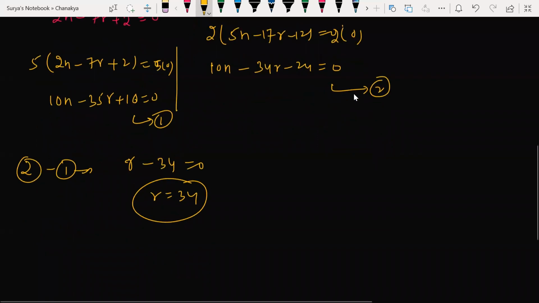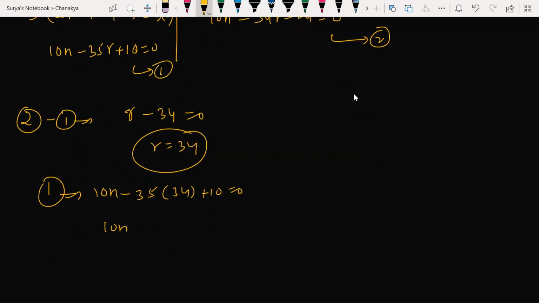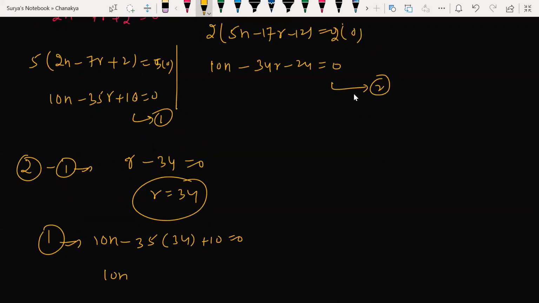Substitute in one of the equations, you will get the n value. From the first equation, 10n is equal to 35 into 34. How much did you get, beta? 35 into 34 is 1190.